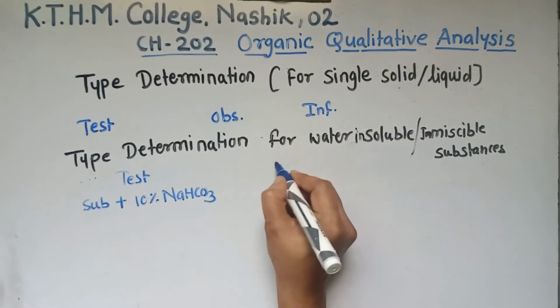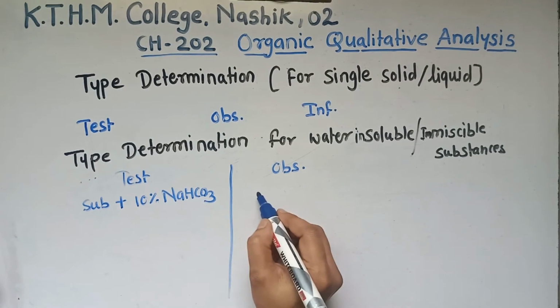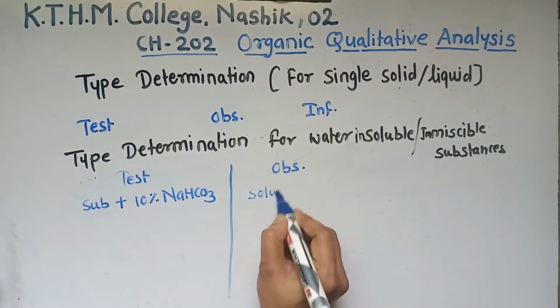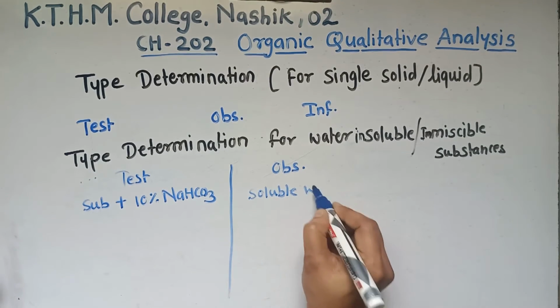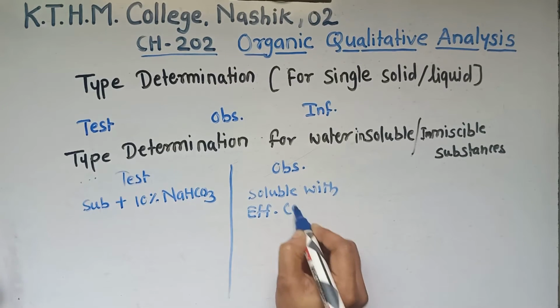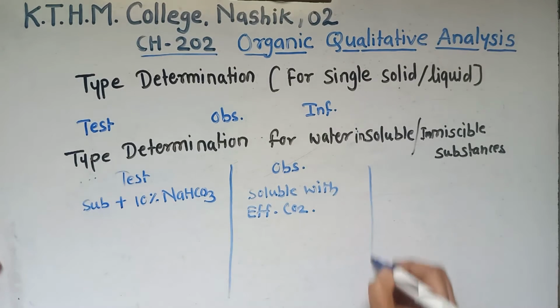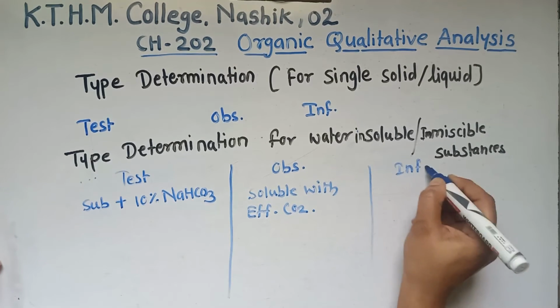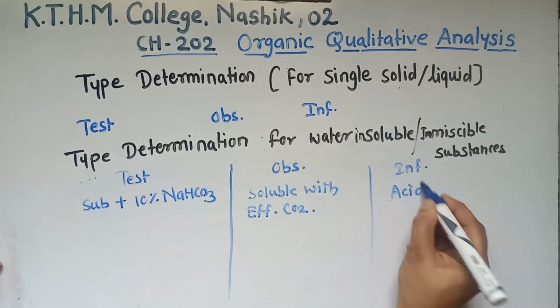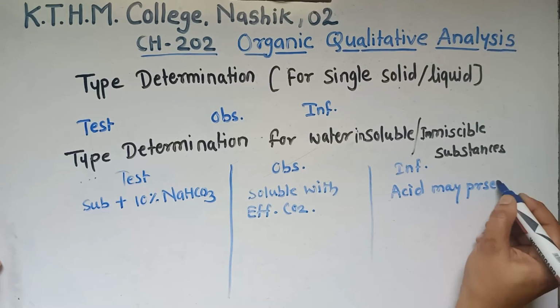Then in the observation part, what do we observe? We observe the compound is soluble with effervescence of CO2. When such a situation is observed, then we conclude in the inference part that acid may be present.